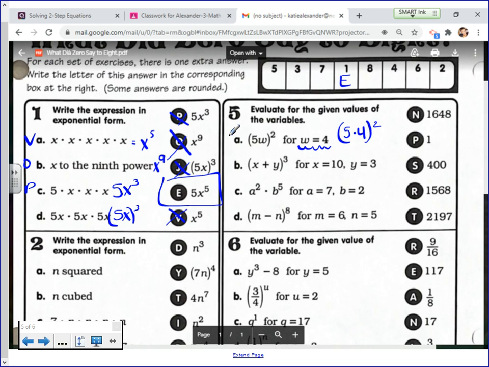So this one is S. So it tells you what number to plug in for X and what number to plug in for Y. You go ahead and do that, and you solve the question. So it tells you that X is 10, Y is 3. I'm going to type that in exactly how it is with the parentheses and everything. 10 plus 3 raised to the 3rd power. And then I get this number, 2197. So this one is T. So when it tells you to evaluate, it wants you to actually tell them what the number is.